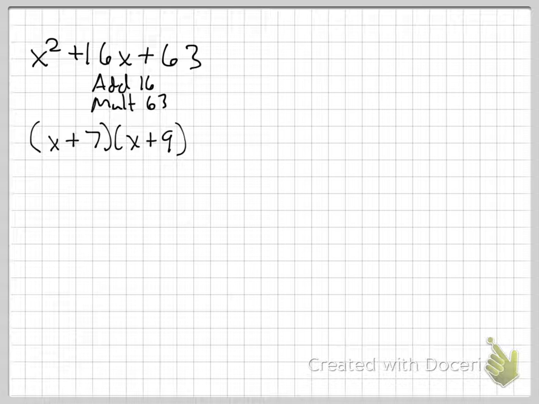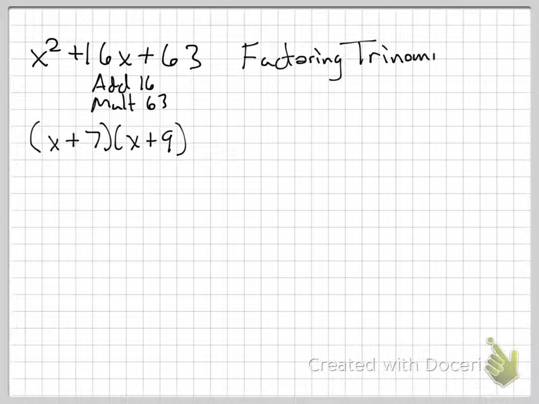So what our rule is going to be, and this is factoring, put this in the title, trinomials. And I'm going to put a little note where a equals 1. That just means our lead coefficient is 1. Tomorrow we look at it when it's not. It'll be a different value.